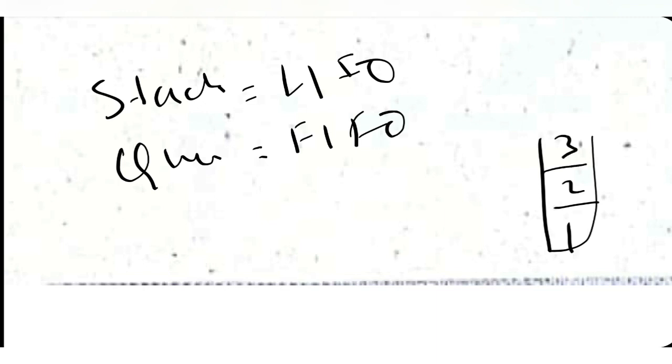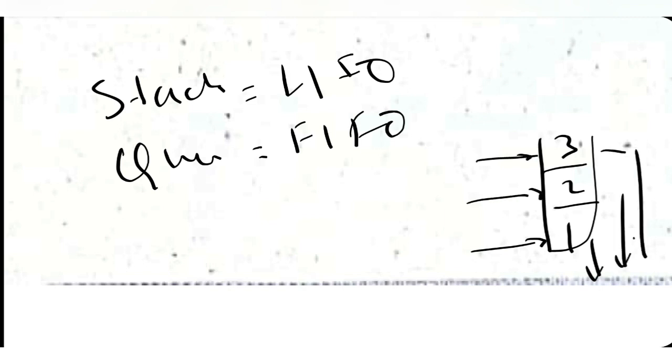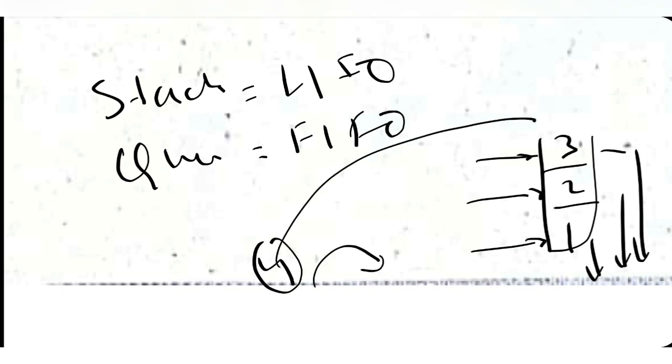Okay, so in queue what happens, 1 came first, it will be out first, then 2 came, it will be out second, then 3 came, it will be out third. And what I want is I want to insert 4 here, and in a queue it will be outputting after this one, this one, this one, and then only 4 will be outputting.